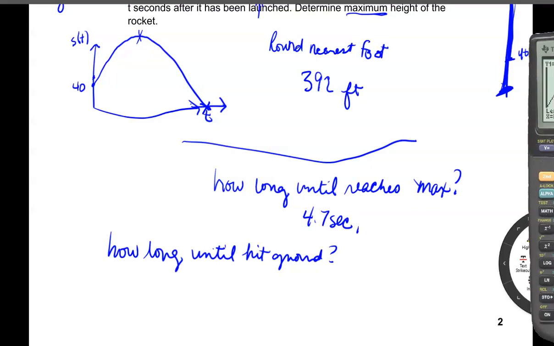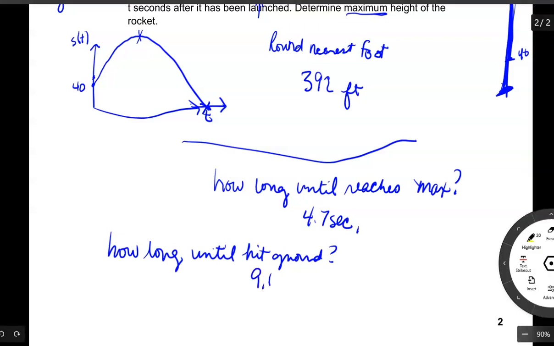We start on the left side of that point, and then I hit enter, move it to the right side, enter one more time. And you can see that this is like 0.000000. Again, it's that little error with the y, but the x value is 9.63. So if we had to round to the nearest tenth of a second, that would be 9.6 seconds.